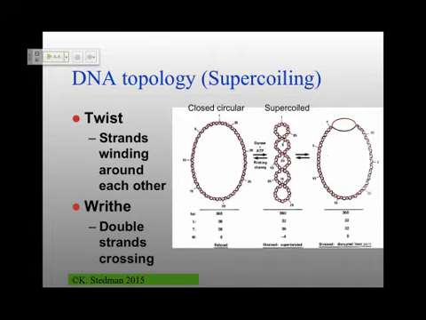Things are wrapped around each other. Well, whenever you have a helix, it can be wrapped around each other, like we have this helix, but also that helix can wrap around itself as well. And so that's what supercoiling is. So it's a helix wrapping around a helix. So something is coiled already that gets wrapped again. Here's the example of the cartoon up here.